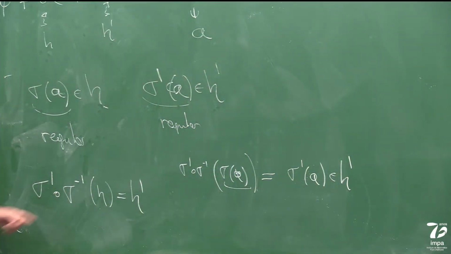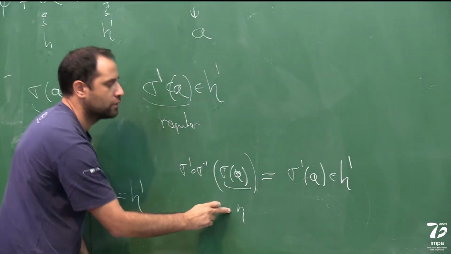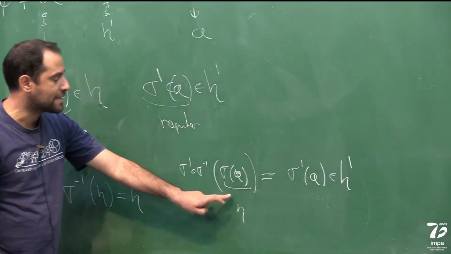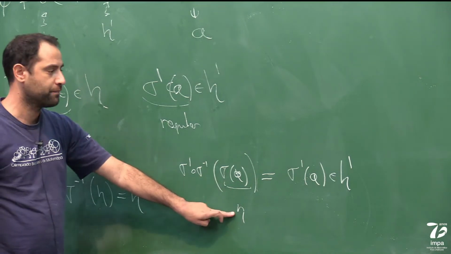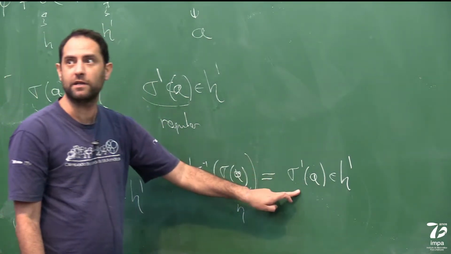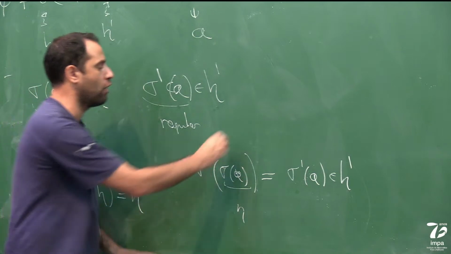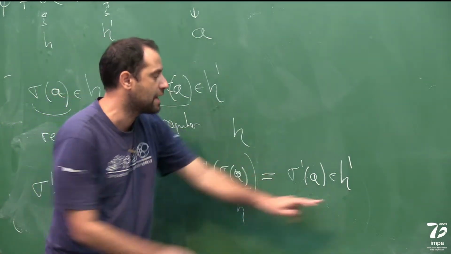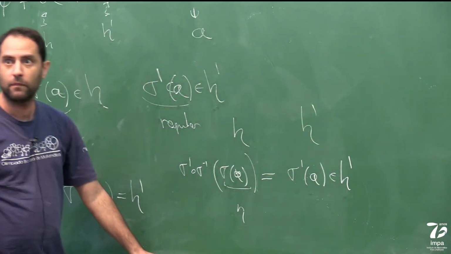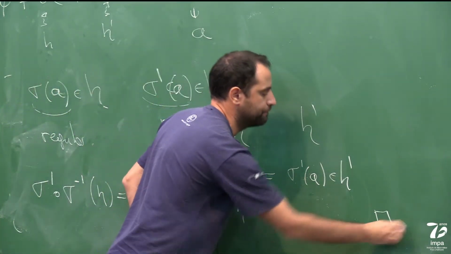So it sends this element in H to this element in H prime. In particular, it sends the centralizer of this element in H to the centralizer of this element in H prime. And the centralizer of this element is all of H. And the centralizer of this element is all of H prime. Okay, so that's the proof of the theorem.